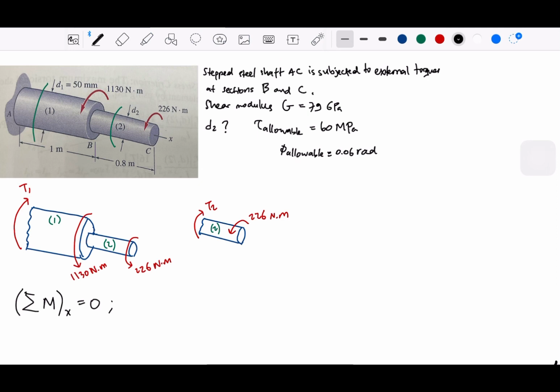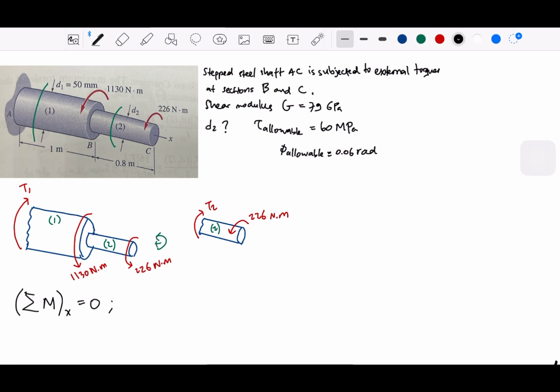So we could say that since T1 is the counter of the two torques, then T1 is, or if you would like to start from, let's say taking that direction as positive, or maybe this direction positive, it should be the same.